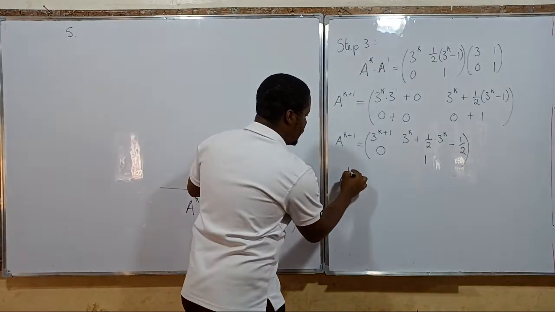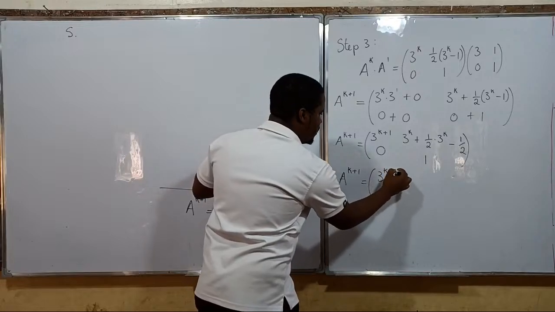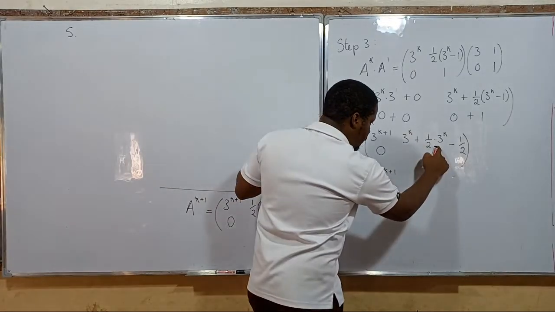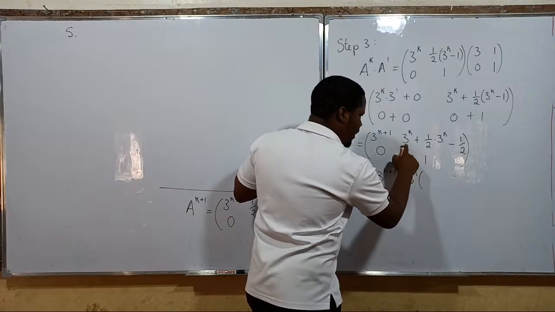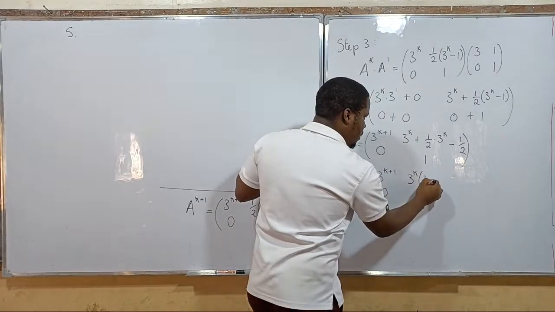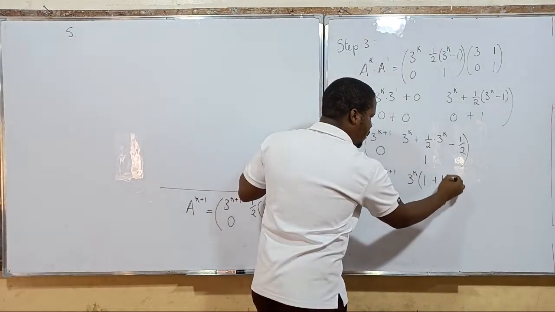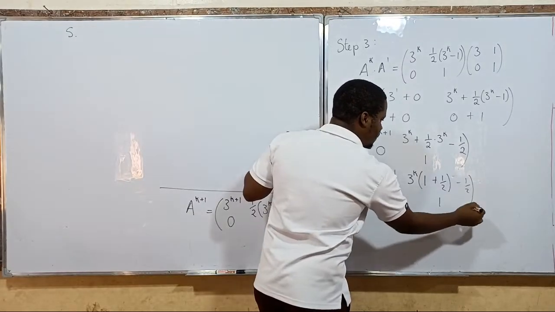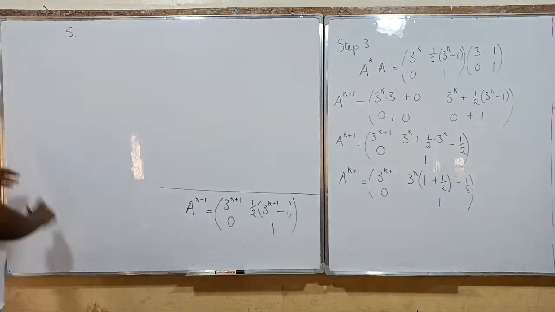So A to the power k plus 1 is equal to 3 to the k plus 1, here we have a 0. For these two, factor out what is common, which is 3 to the k. If we move 3 to the k here, what remains? 1. We move 3 to the k here, what remains? Half. But remember, we still have that other half. Here we have the 1. That's okay? Let's bring it here.